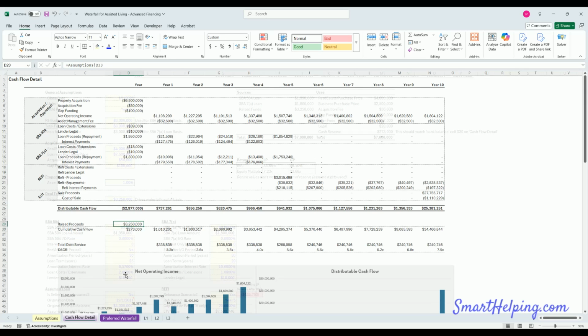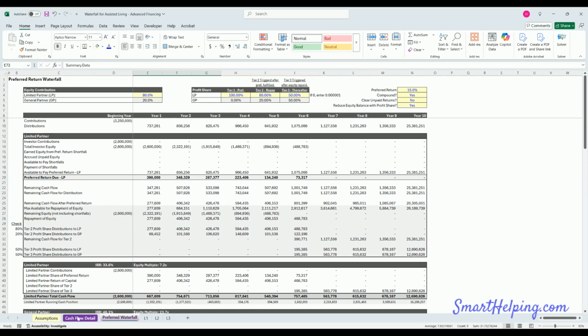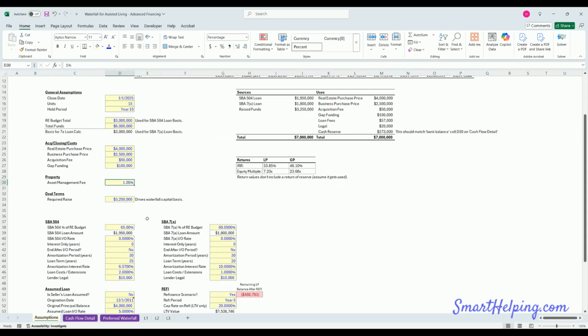Did I put that in as a fee? Yes. So that is part of a fee the GP would take if you are going to use it. And it flows out of the deal, out of the property operations as an expense and into the GP's area as an income item.